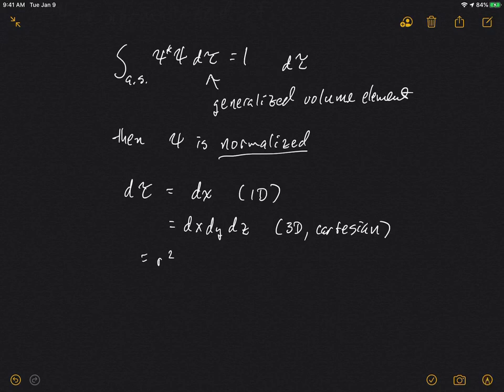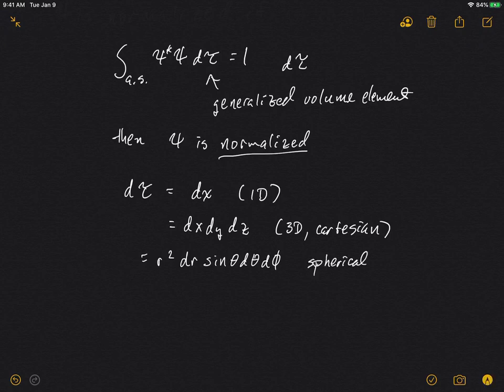There's this expression r squared dr sine theta d theta d phi, and that's your volume element in 3D spherical polar coordinates.